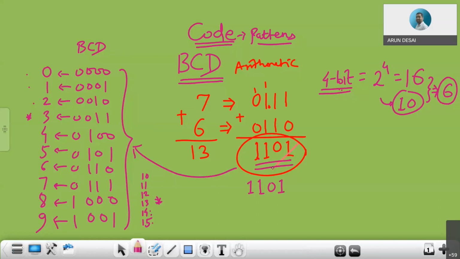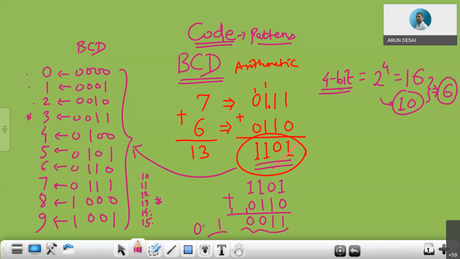So if that number is illegal, then you need to add 6 to it, and the 6 pattern is 0, 1, 1, 0. 1 plus 0 is 1, 0 plus 1 is 1, 1 plus 1 is 0, carry 1, 1 plus 1 is 0, carry 1. Keep that carry as it is. Now this is a 4-bit number, and again a carry is generated.